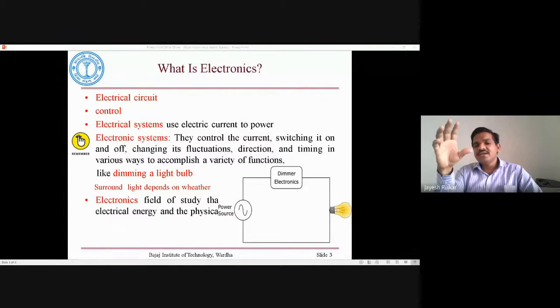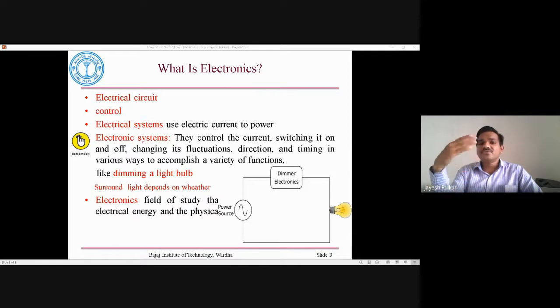They synchronize with your daylight, or you can customize them. For example, on Monday you can make it a green light, on Tuesday a white light, or a yellow light. Customization is also possible, as is synchronization with the day, and many more things. This control distinguishes an electrical system from an electronic system.